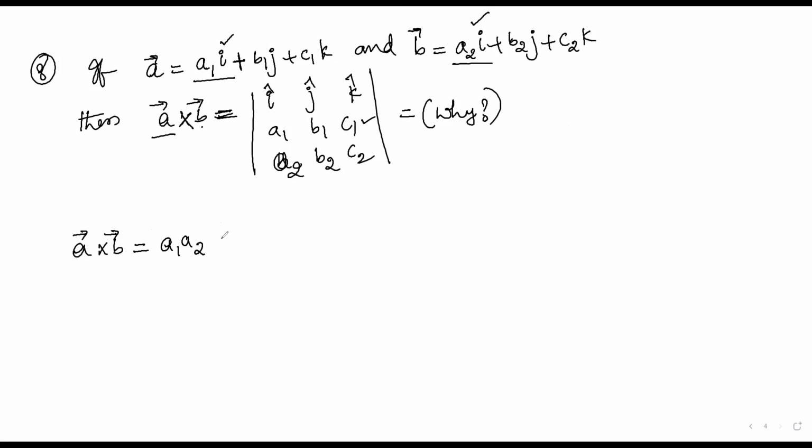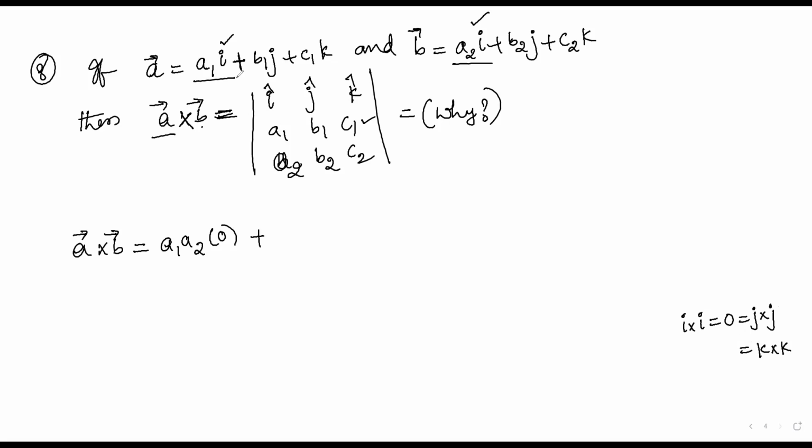Now only I told you, the angle between them is 0 degrees, so sin 0. I cross I is 0, equal to J cross J, K cross K, since they are parallel. So now the I cross I term became 0.